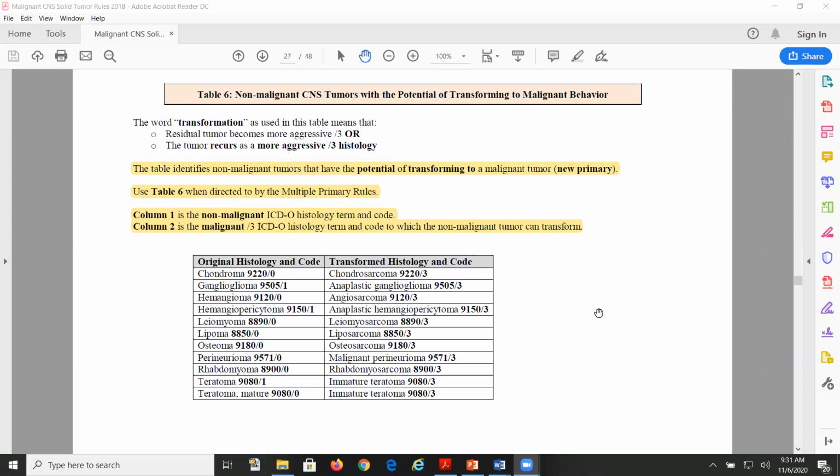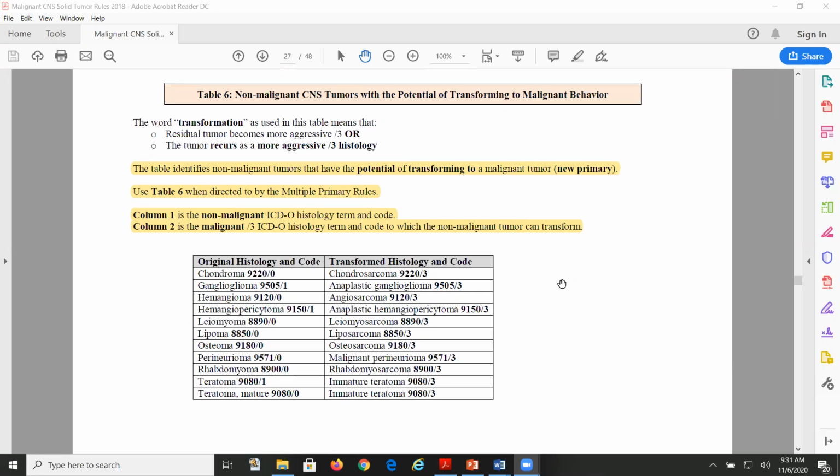However, we are going to have one exception to that rule in regard to glioblastoma multiforme, which you will see shortly. So as far as my understanding, if you have one of these non-malignant tumors that transforms to a malignant tumor, it would still be a single primary, but you would update the behavior to 3. And I believe the timing would be irrelevant.